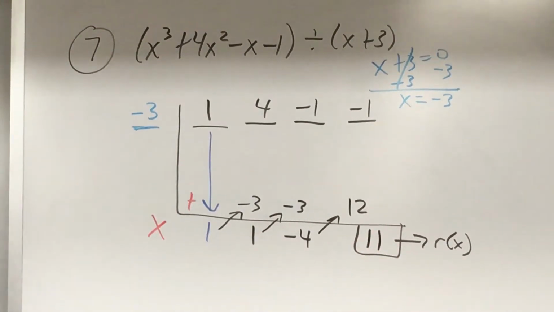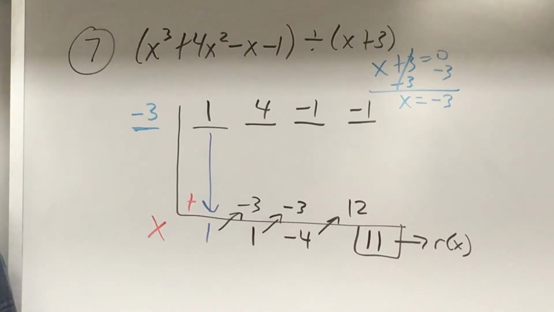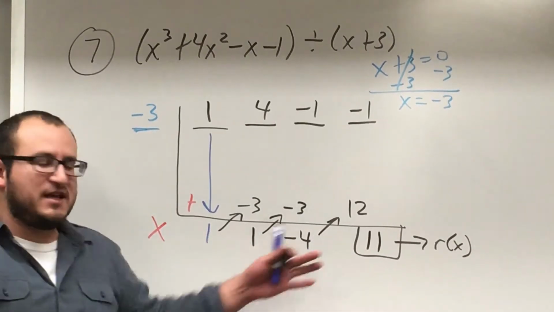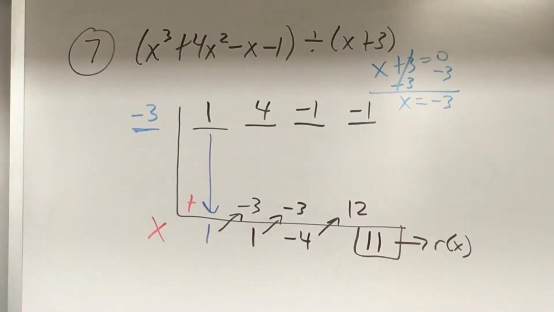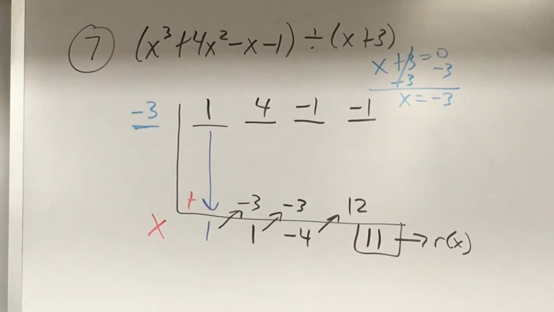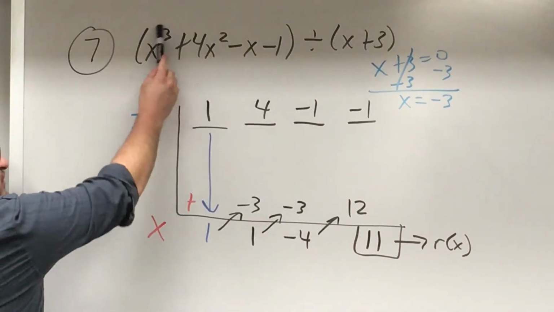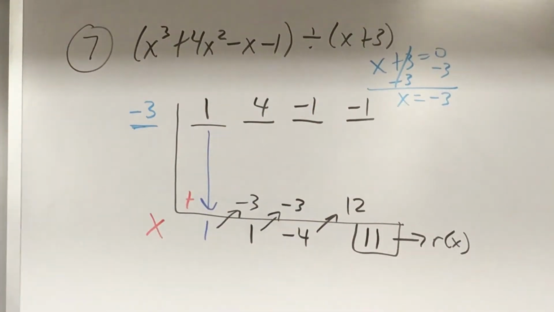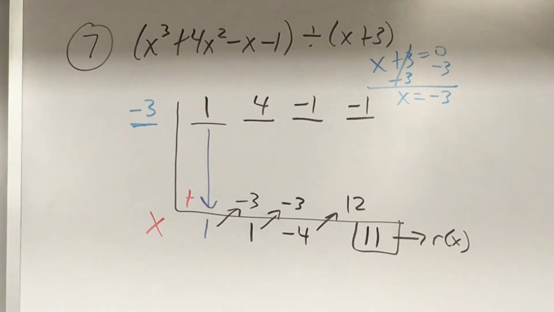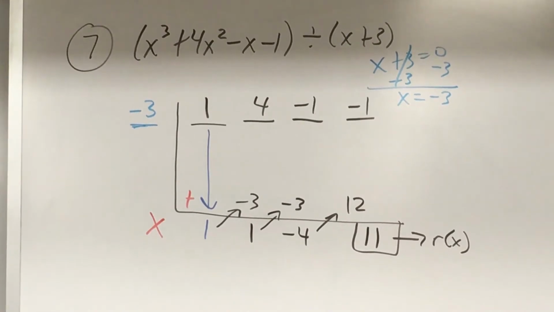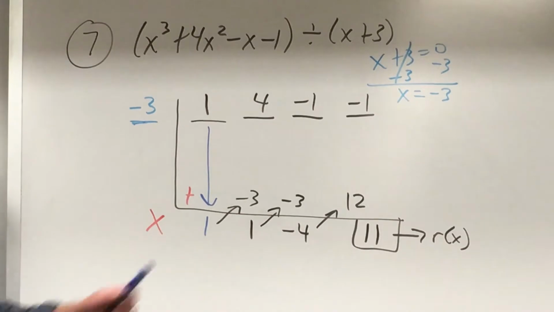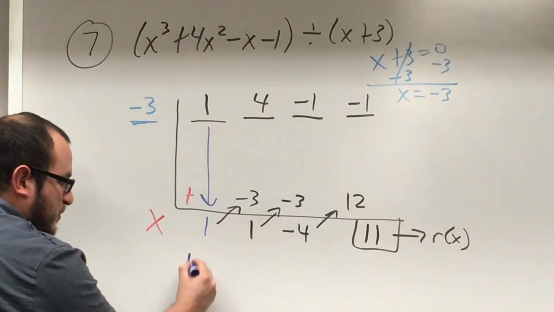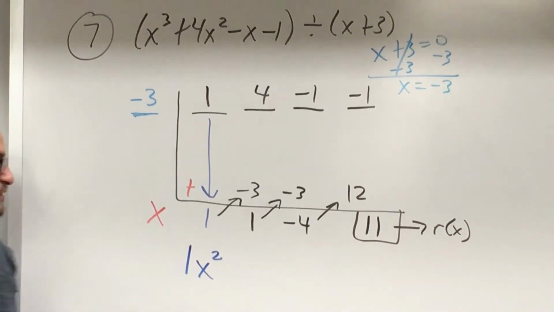Okay. So yes, you use synthetic division, but still, this does not give me an answer. You have to know what this means. Okay? So let's look at our original problem. We're taking a cubic function, or a cubic polynomial, and we're dividing it by a linear polynomial. Okay? So 3 minus 1 is 2. So this degree right here is going to be 1x squared.